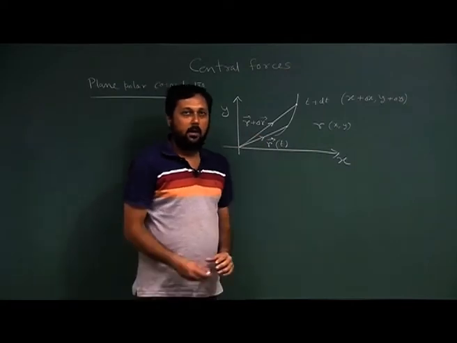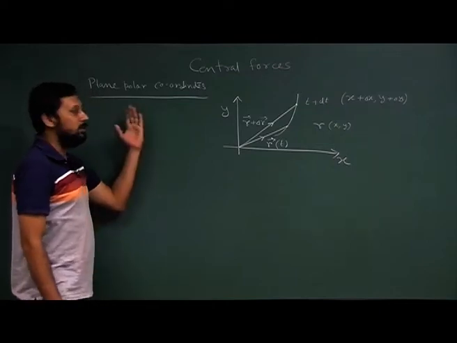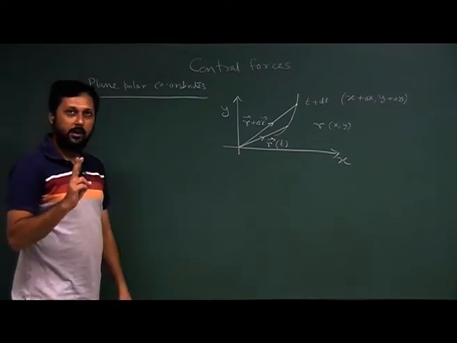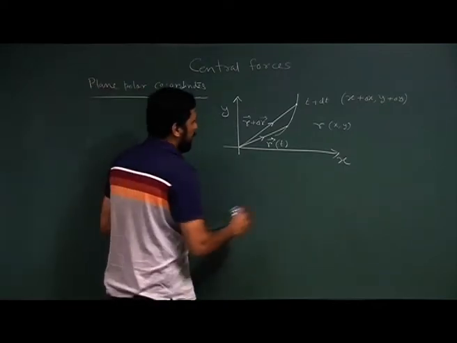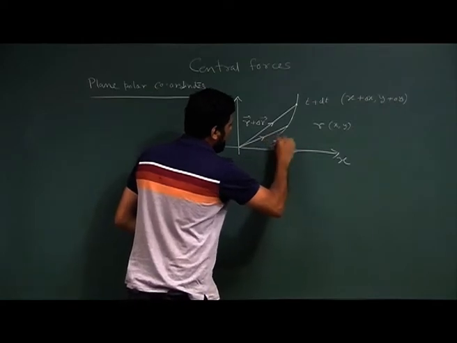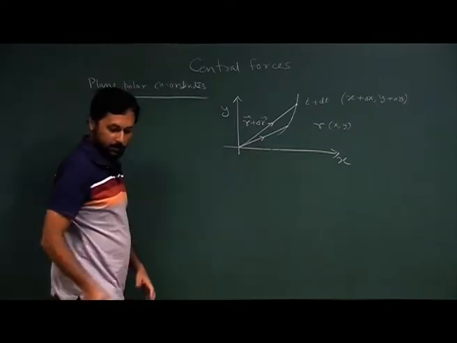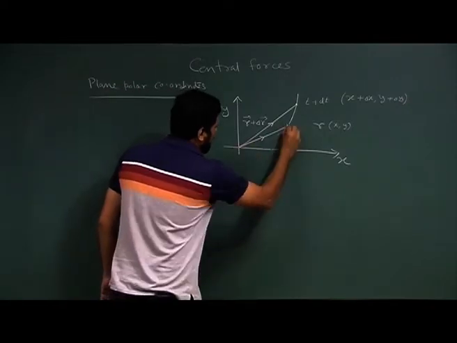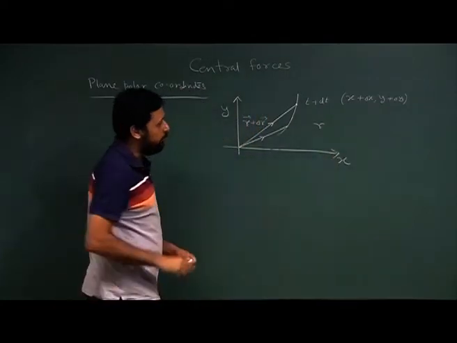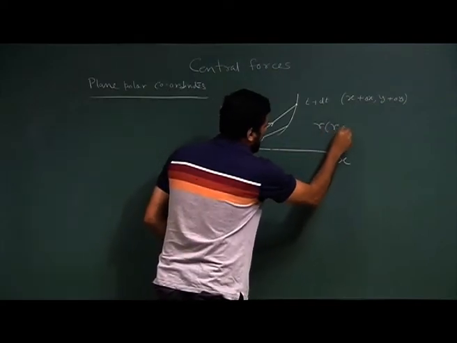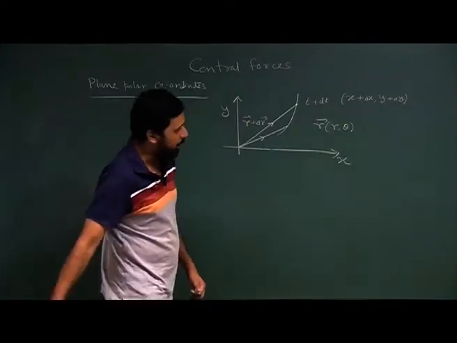Now, what we can do is introduce a new coordinate system, which is called the plane polar coordinate system, which will also have two parameters, but instead of x and y we will call them r and theta. Probably you are familiar with it, but let me go a little bit into the details. Instead of writing r in terms of x and y, we write it in terms of r and theta, r being the vector.